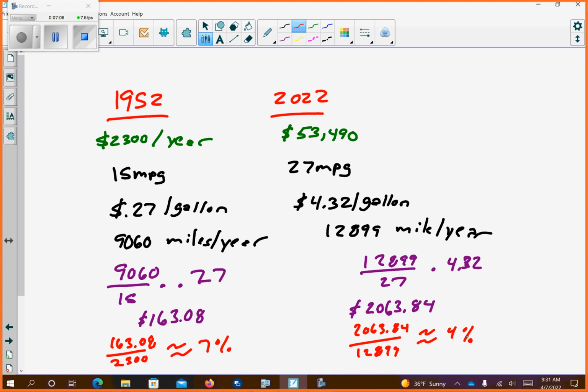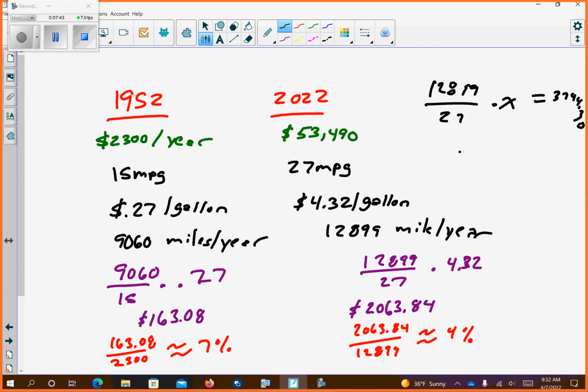So in order to decipher what the cost per gallon should have been, I set up this kind of situation: 12,899 divided by 27 miles per gallon times X, which is the cost of gas, is equal to 3744.30.